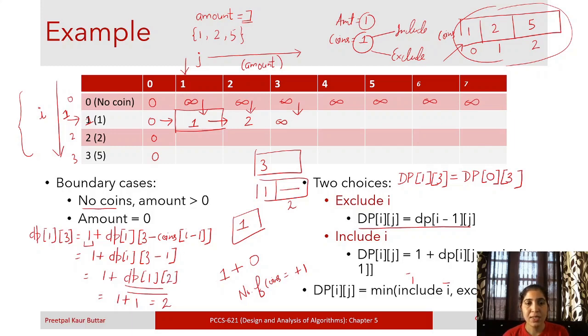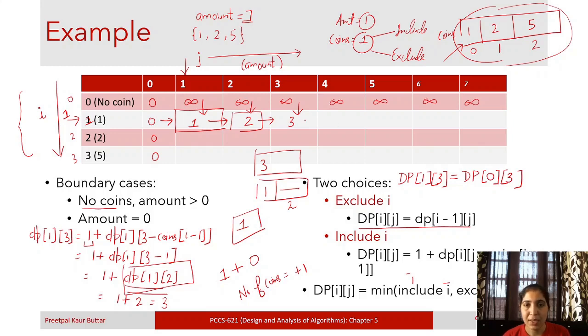So this is already solved. We do not need to solve it. What is the solution when you use a 1 rupee coin and try to make amount equal to 2? That is DP1, 2. This one. Here the coins we needed were 2. So 1 plus 2, now the total number of coins is 3. Out of infinity and 3, the minimum is 3, so we will choose it.